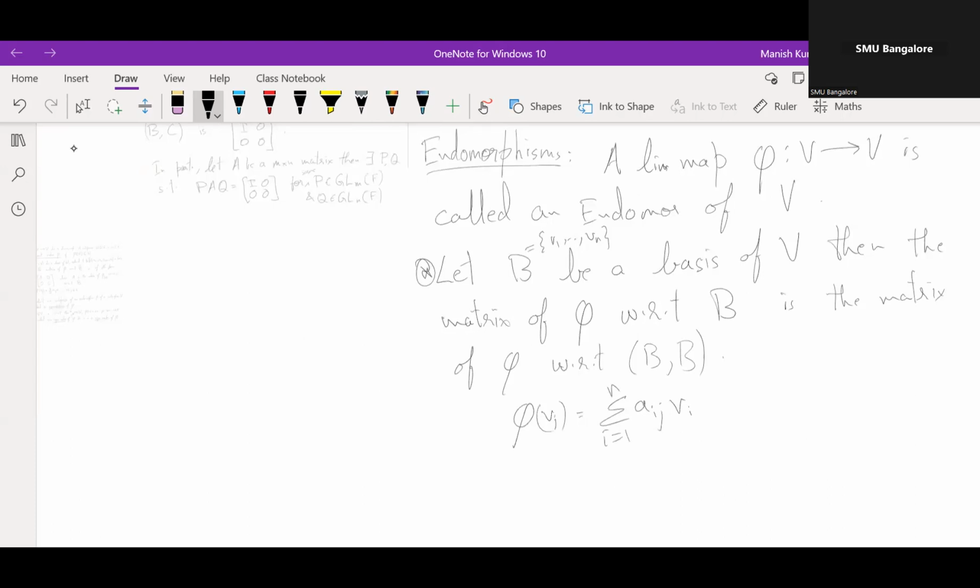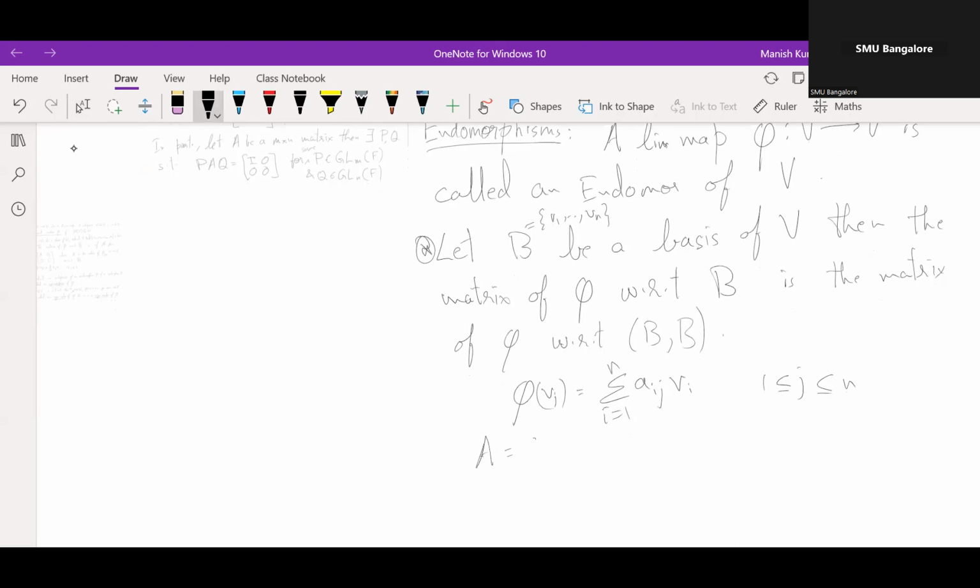Because phi of vj is again in V, you can write it as a linear combination of these, for all j between 1 and n. So you get a square matrix, and A, this Aij, is the matrix of phi with respect to B.